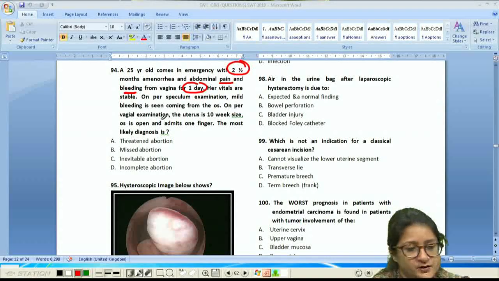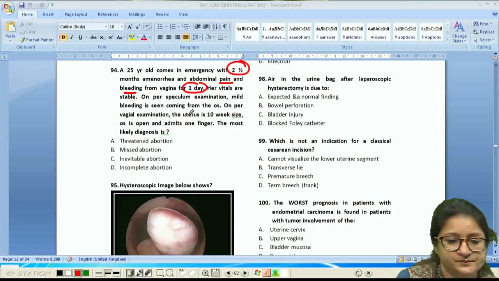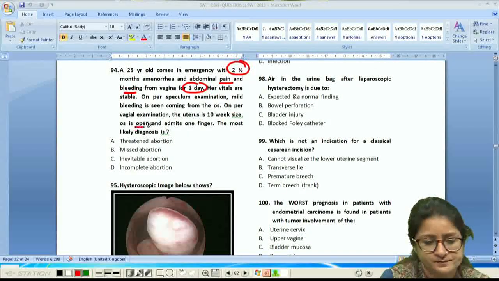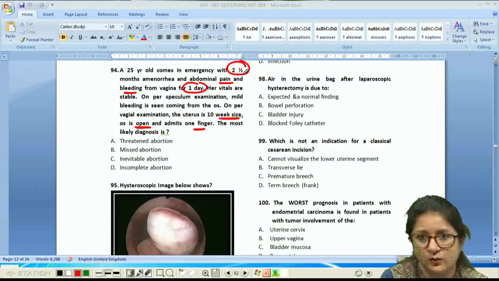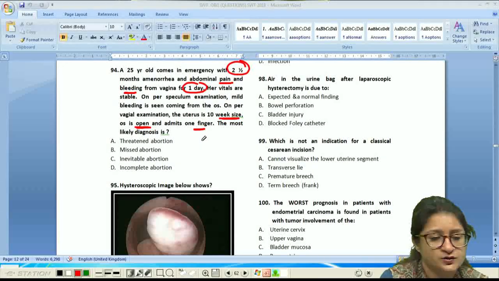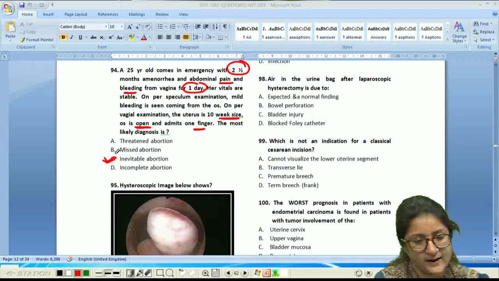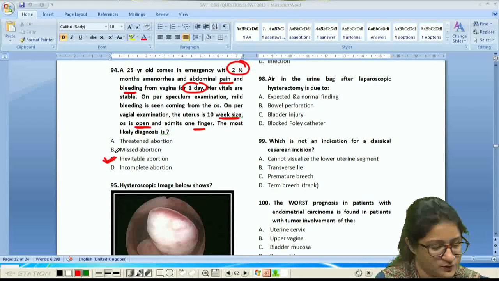On vaginal examination, the uterus is 10-week size and the os is open, admitting 1 finger. Uterus 10-week size matches approximately 2.5 months of amenorrhea, so the likely diagnosis is inevitable abortion.